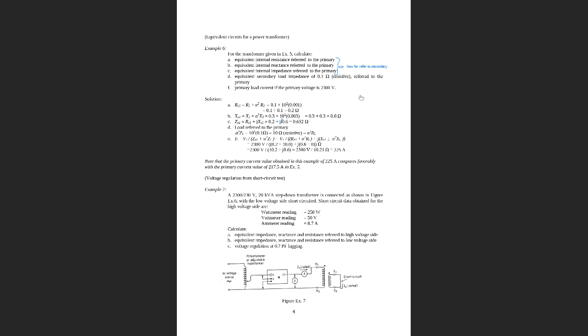So these examples just ask you to find the values referred to the primary, but how about referred to the secondary?